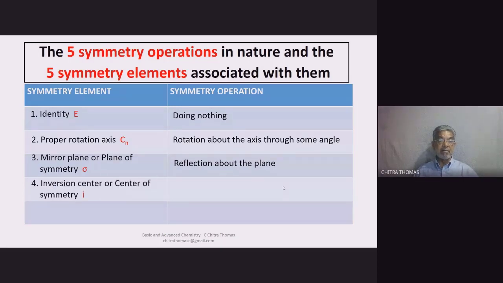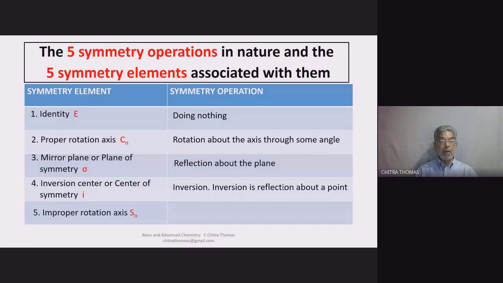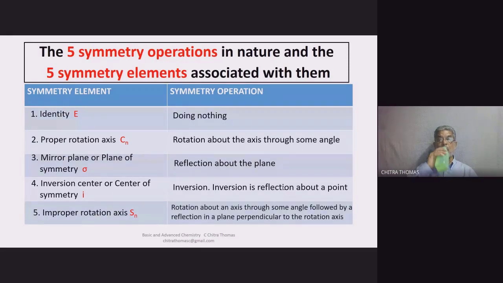Then inversion center or the center of symmetry i. The symmetry operation is inversion, or inversion is reflection about a point. Then improper rotation axis Sn, rotation about the axis through some angle, followed by a reflection in a plane perpendicular to the rotation axis.